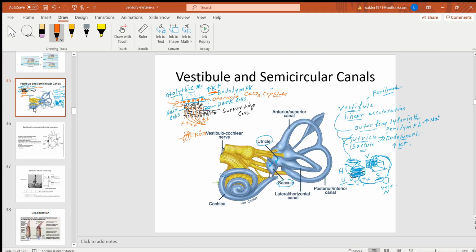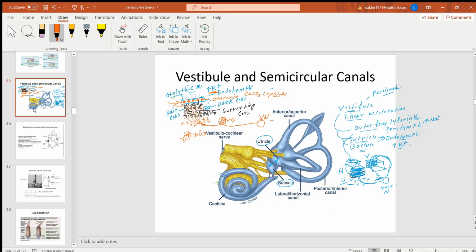So a lot of action potentials will be generated and will be taken to the vestibular ganglion. Okay, so this is the vestibular ganglion, like the cochlear spiral ganglion. You have the cells, and they will take the signal and then send it outwards to the vestibular nucleus in the brain. Okay, so that is what happens inside the utricle.